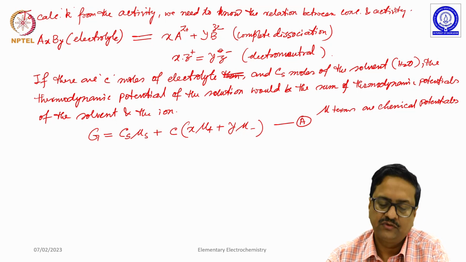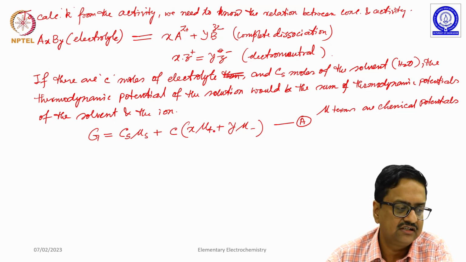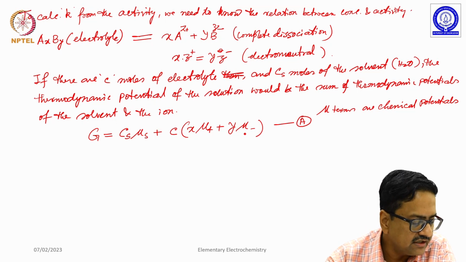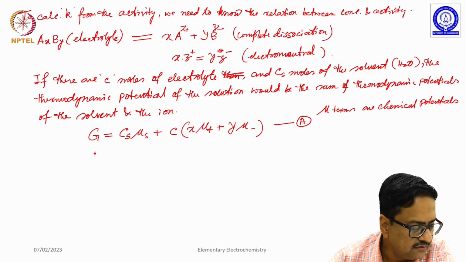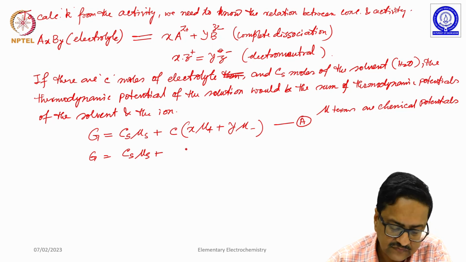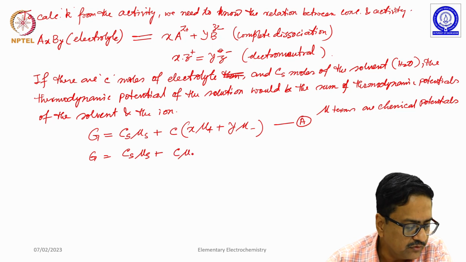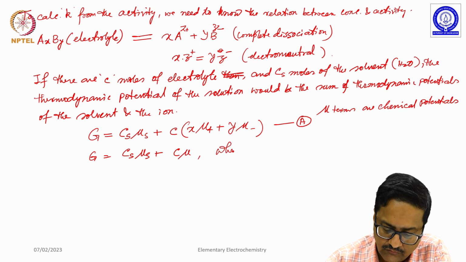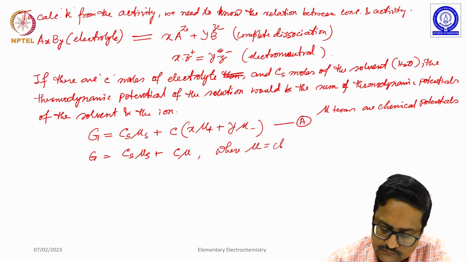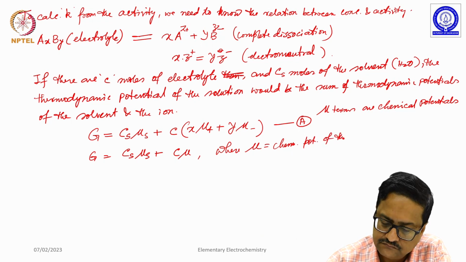So, mu s is the chemical potential of the solvent, mu plus is the chemical potential of the cation, and mu minus is the chemical potential of the anion. Simultaneously, we can also write that G equals C_s mu s plus C mu, where mu is the chemical potential of the electrolytic solution.